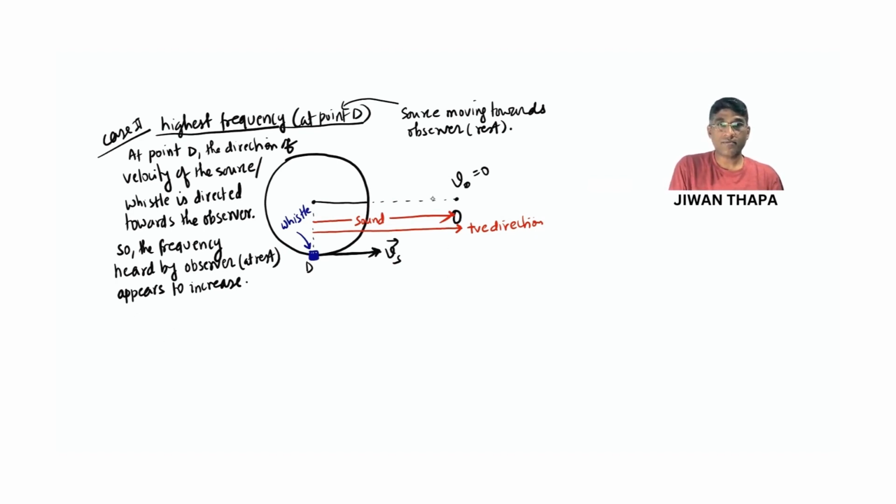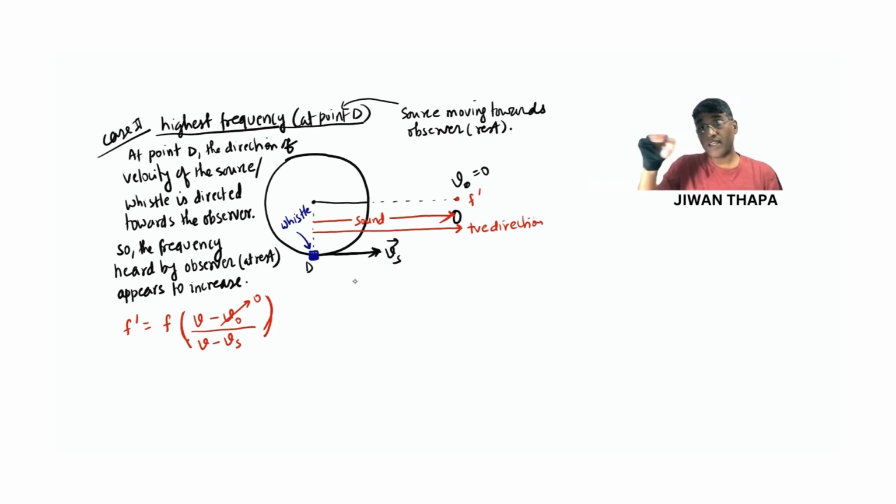So in this case, let the apparent frequency heard by the observer be f dash. So f dash equals f times v minus v naught, and we know v naught is 0, divided by v minus vs. The source is moving towards the observer.